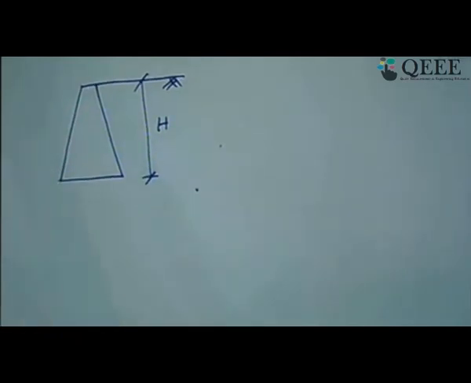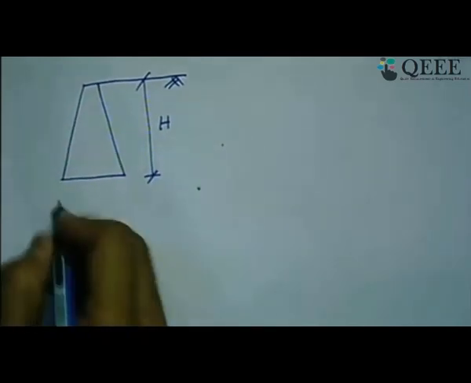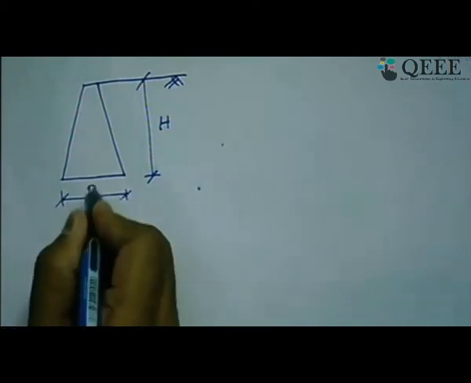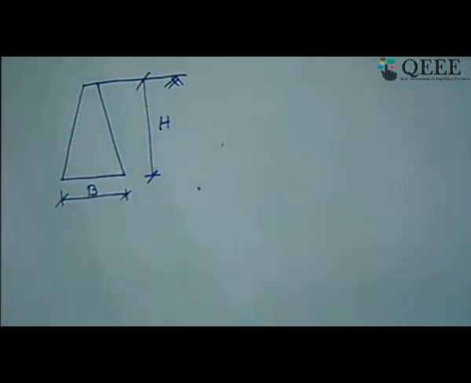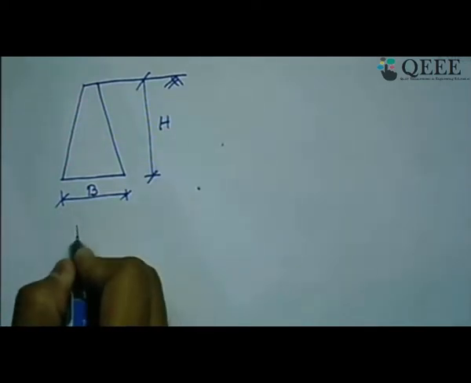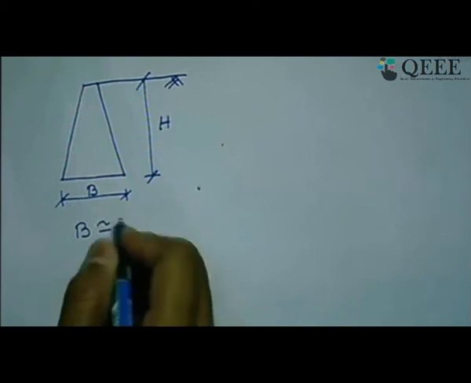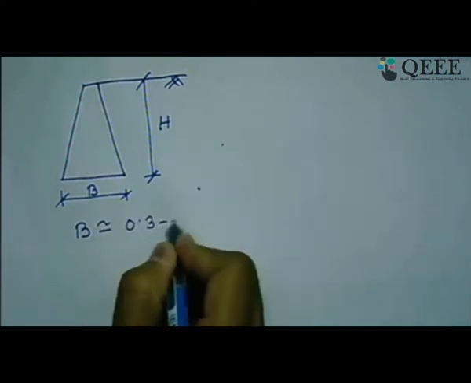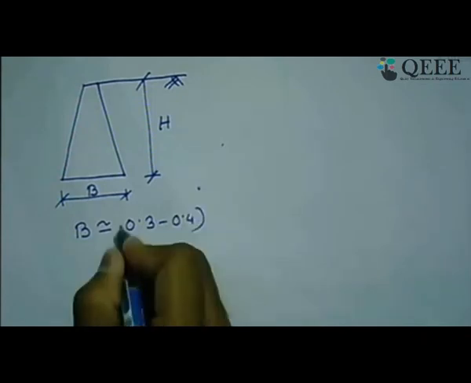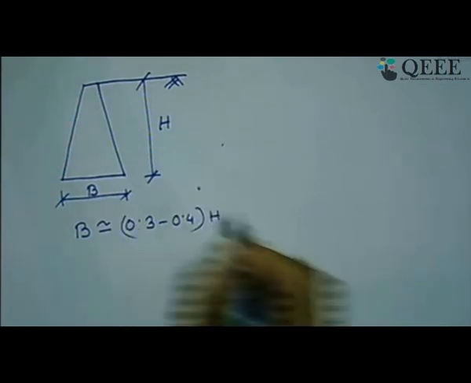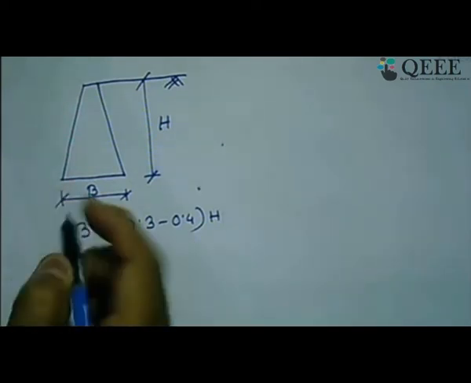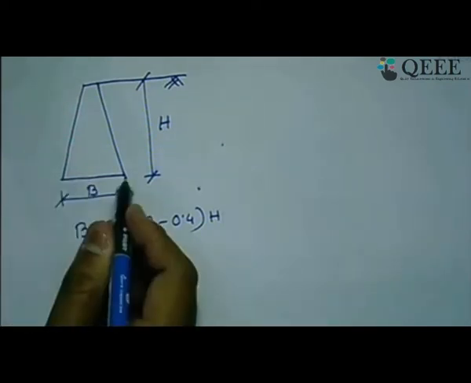So from that you know H. Now the point is how much the value of B, or width of the retaining wall, you are going to propose. To start with, for a gravity retaining wall, typically the value of B chosen is within the range of about 0.3 to 0.4 times H. So that is the typical starting point for the width of the retaining wall.